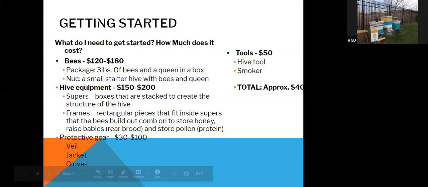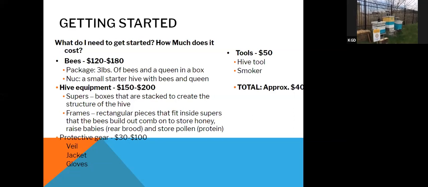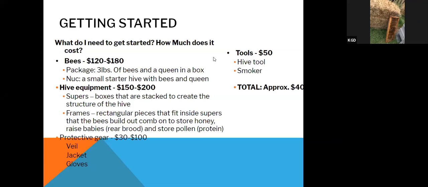That includes the boxes, which we call supers or hive bodies, and then the frames. Danielle, if you could, yeah, that's an example of a frame. For each one of those boxes, there's 10 frames inside, and that's what the bees build out their comb on. So that comes with all that stuff.